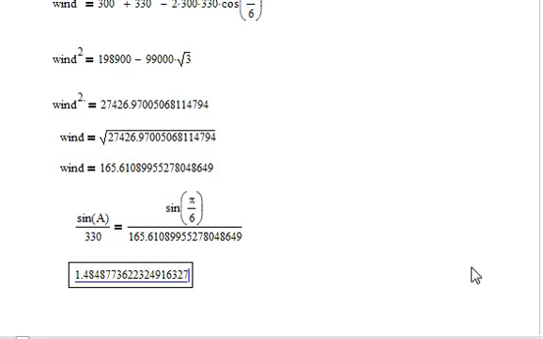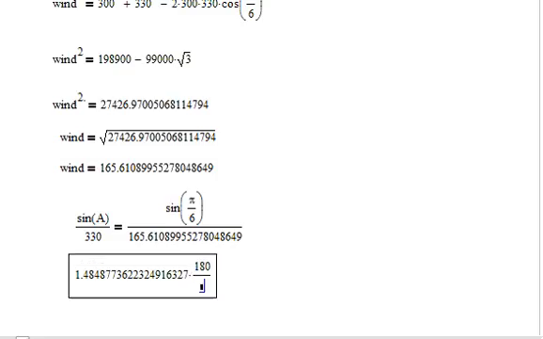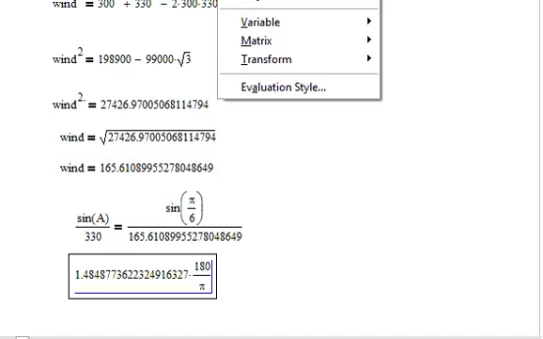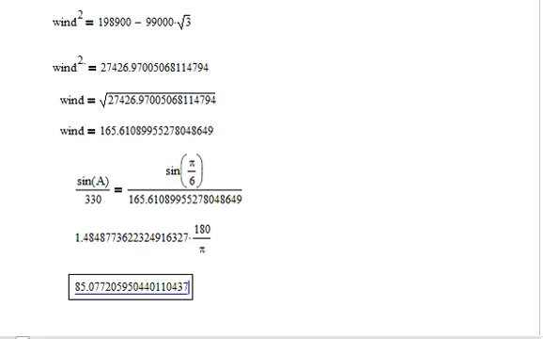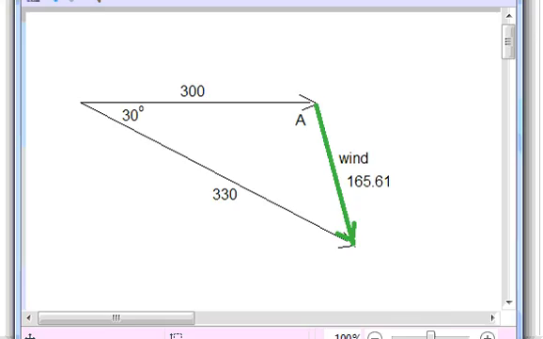So to convert that, I have to multiply it by 180 divided by pi, because I want to get this in terms of the problem we're given, which is degrees. Let me give a decimal approximation of that. That is not good. Does anyone see why? Because we thought surely our angle would be more than 90 degrees, based on the picture.